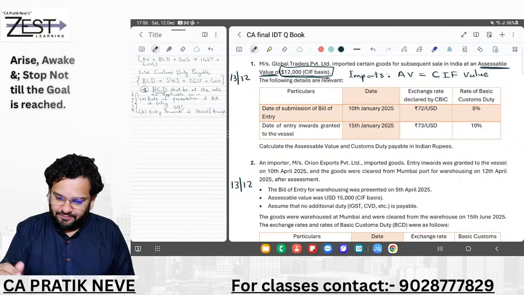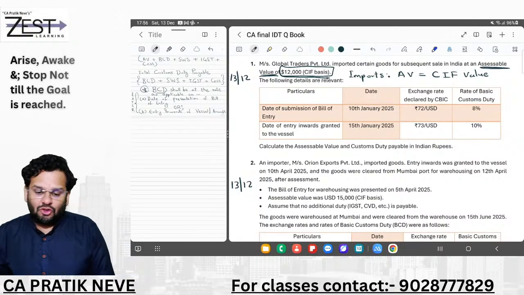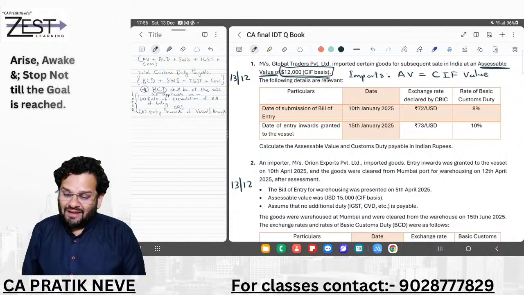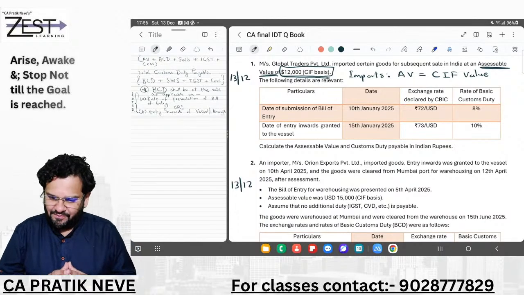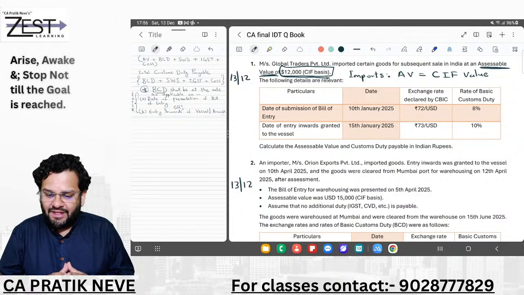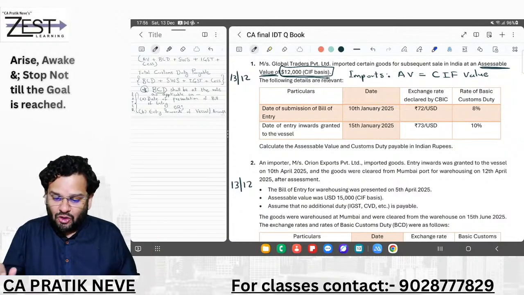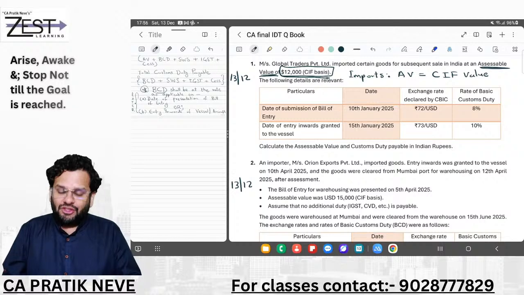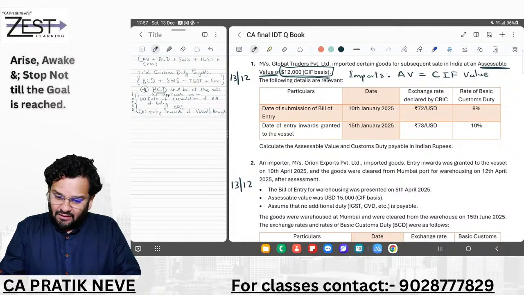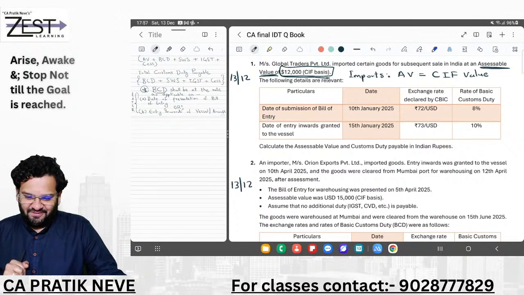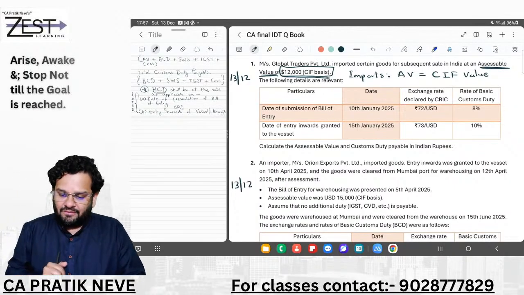So see, Messrs Global Traders Private Limited imported certain goods for subsequent sale in India, where the assessable value is already given, $12,000. Point is, convert this in rupees. How to convert this in rupees?